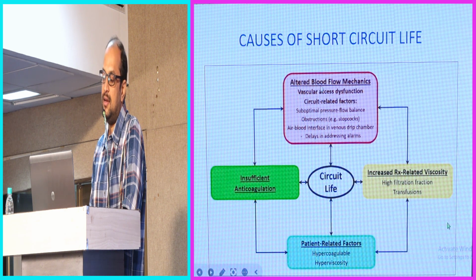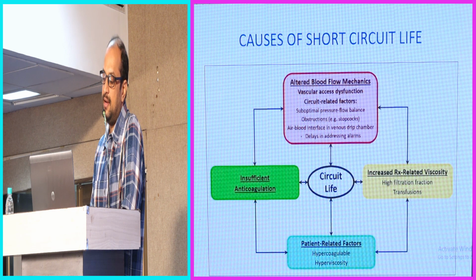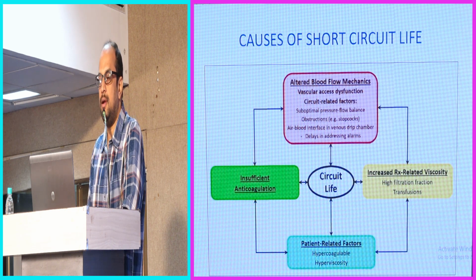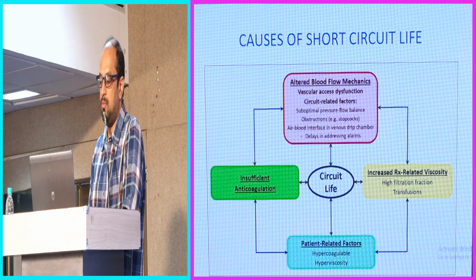If we look at altered blood flow mechanics, it can be because of vascular access dysfunction and circuit related factors. Treatment related factors include, for example, giving more and more blood transfusions, which may increase the filter clotting tendency, and if you give predominantly the replacement fluid in post-filter modality, it may increase the filtration fraction and cause clotting of the filter.